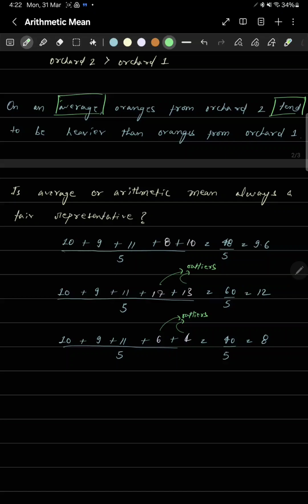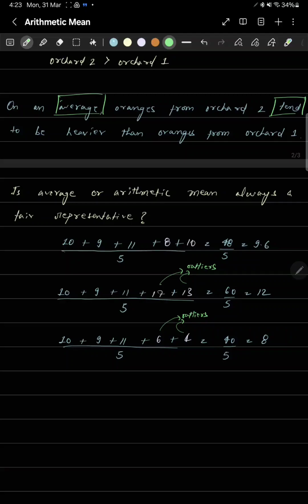Let me repeat. There can be some numbers in your data set that do not follow the general tendency which the other numbers are following and might affect your average or arithmetic mean. In such cases, the average won't be the correct representative of the set and we might have to remove the outliers. Now, what is an outlier?